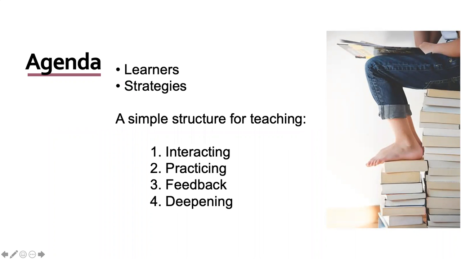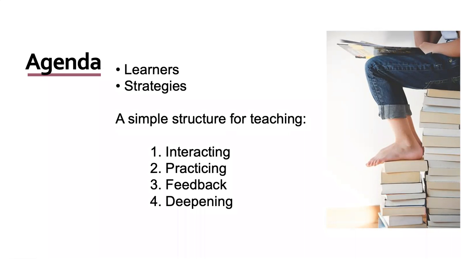So today we're going to start out by talking about our learners and different strategies to meet learners who learn in different ways. And then the second half of the training is going to be about the four main parts of how we teach children.